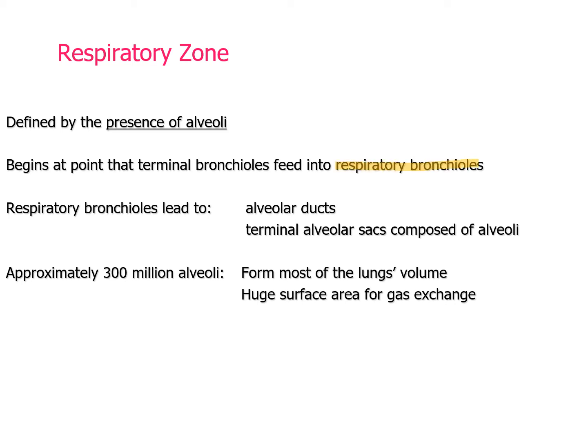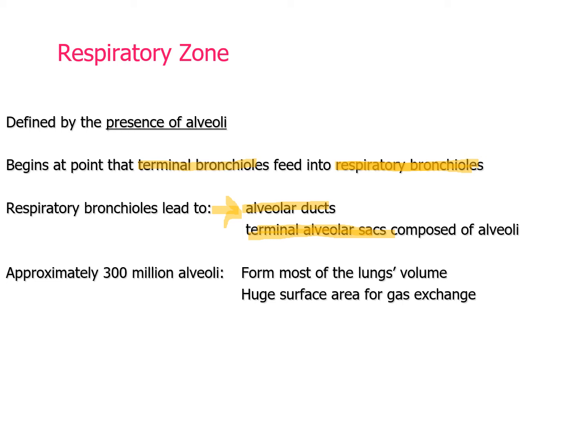Respiratory bronchioles have alveoli on them, and they lead also towards alveolar ducts, which lead to the rest of the alveolar sacs. It's more clear in the diagram on the next couple of slides.